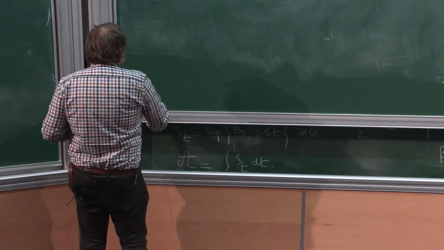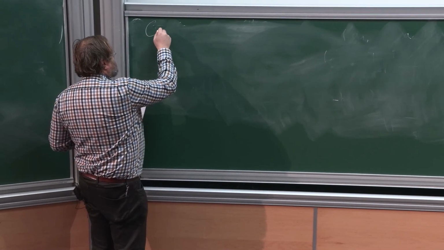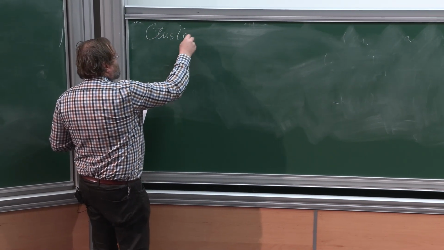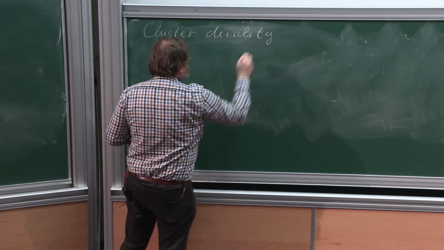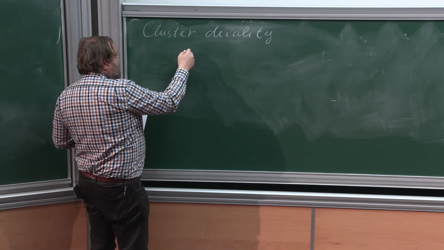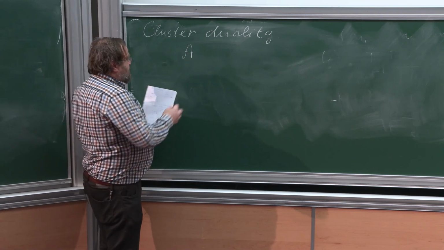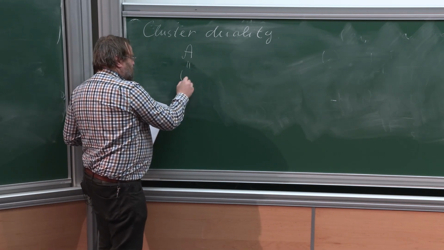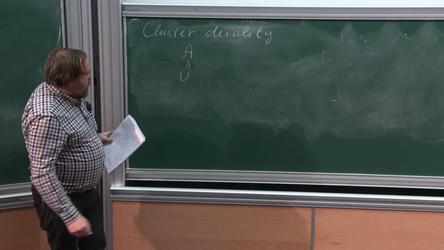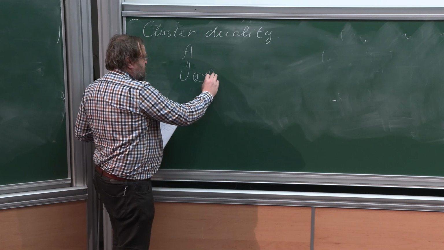So what is cluster duality, by the way? Cluster duality is just, we have a cluster variety, which is denoted by A, and this is actually the union of, glued of coordinate charts, which are just C star to the power of n, so it's some smooth variety.